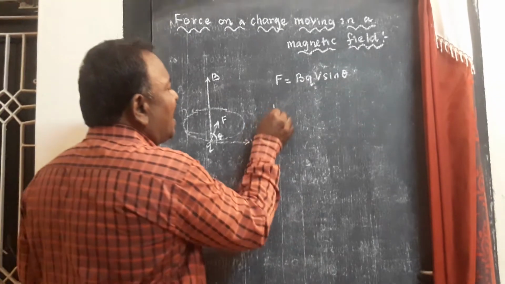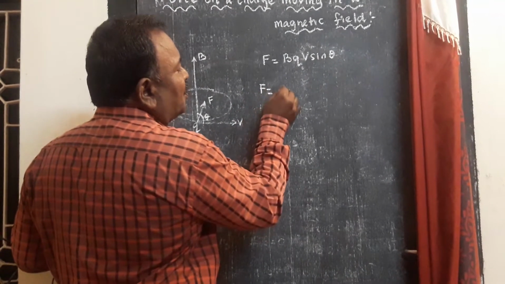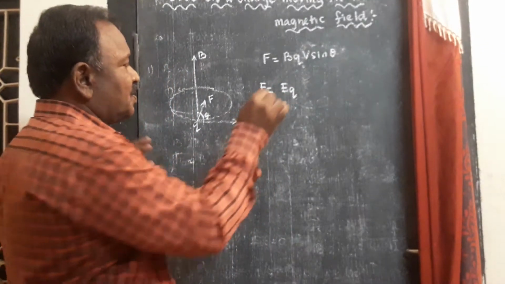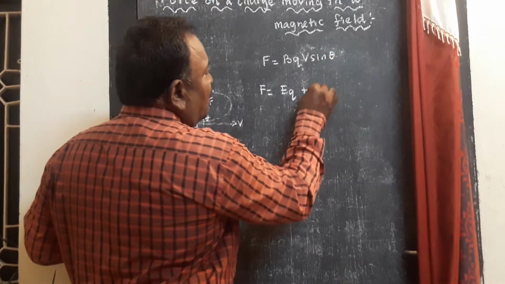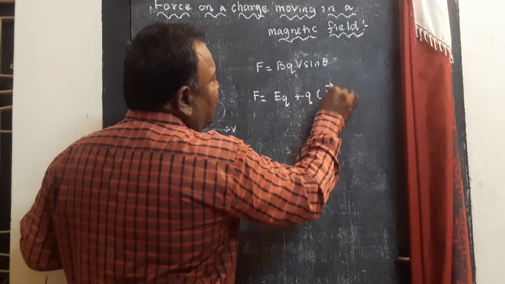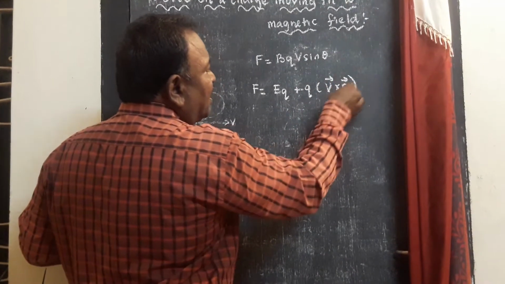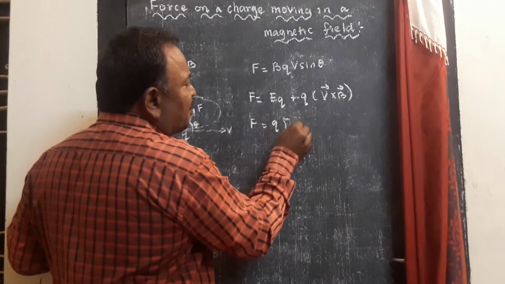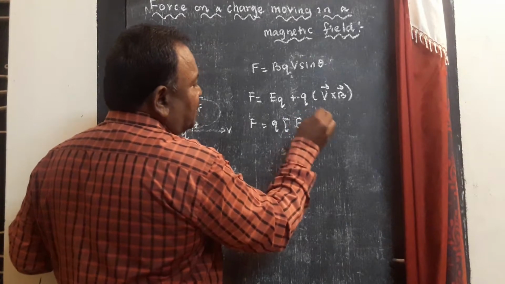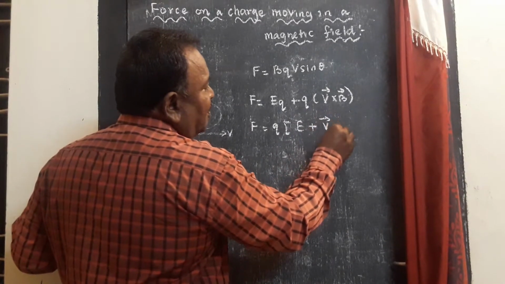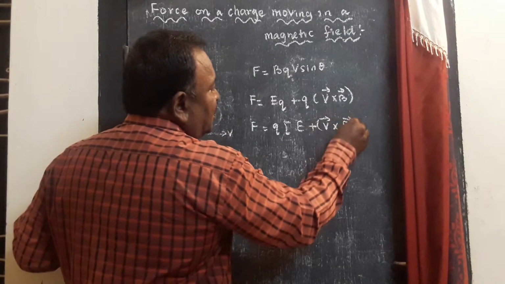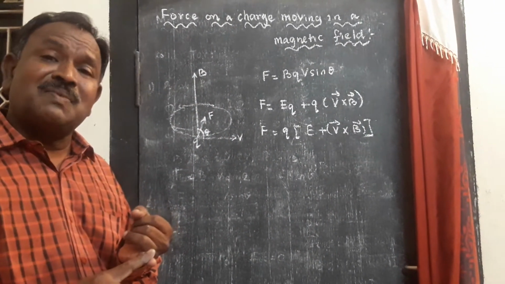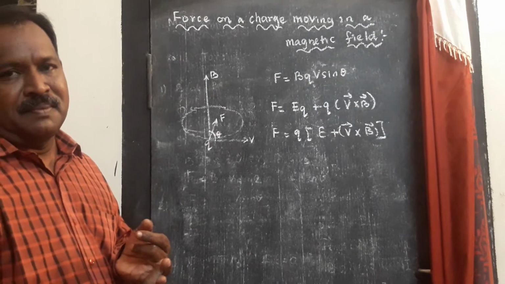At that time, we will have F = EQ, the electrical force, plus Q(V × B), the magnetic force, or F = Q(E + V × B). So it has a combined electrical force as well as magnetic force.